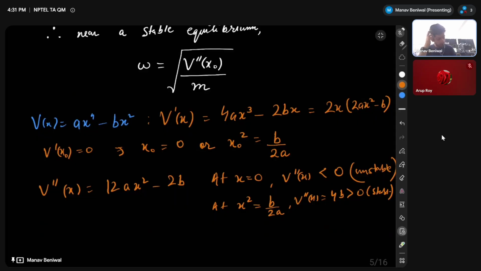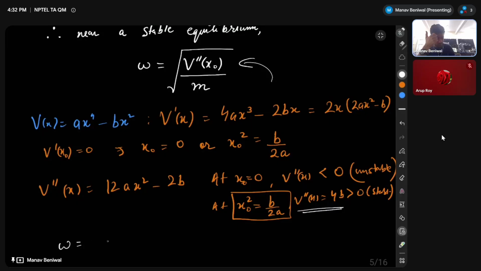So this is the x naught we are concerned about. We want to find the frequency of oscillation about this x naught. We have already done that, so let's plug this value of V double prime into the equation for omega.